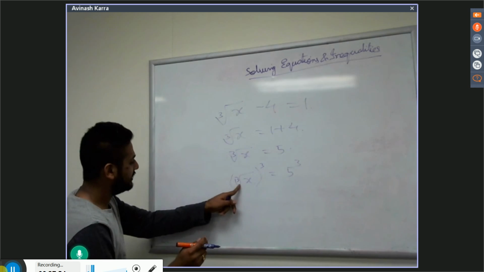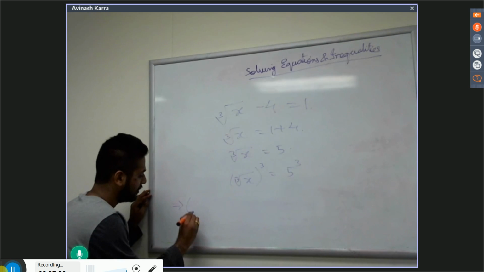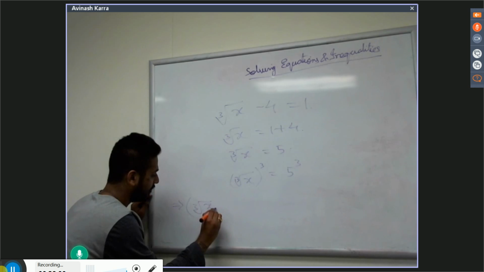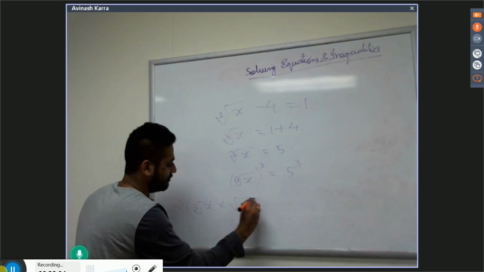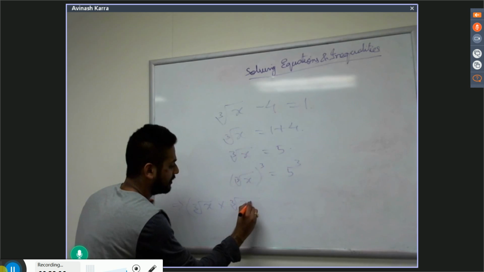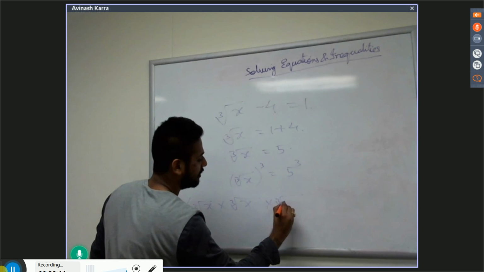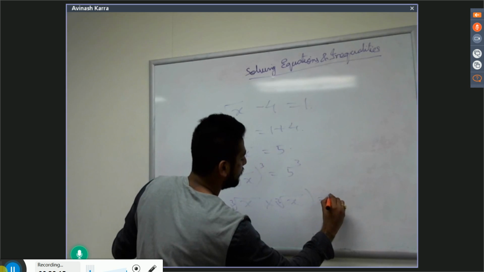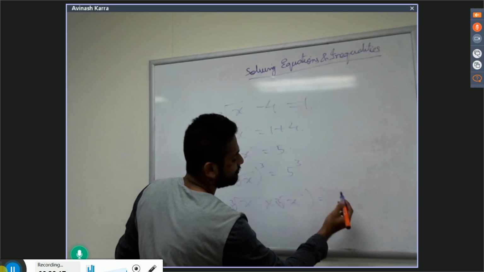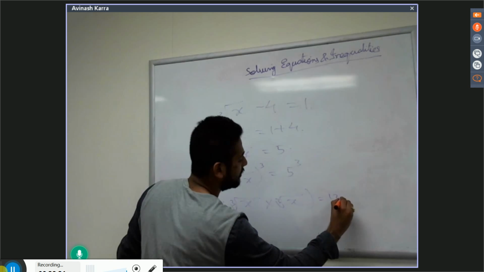To make you understand this, I'm expanding this term just for explanation: cube root of x into cube root of x into cube root of x is equal to 5 cube. What is 5 cube? 5 into 5 is 25, 25 into 5 is 125.